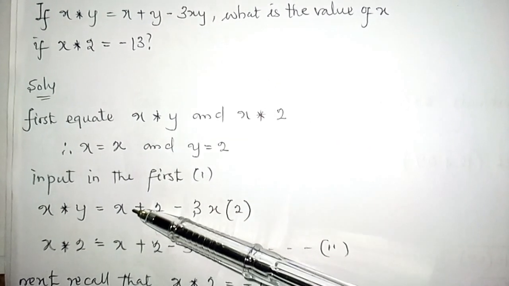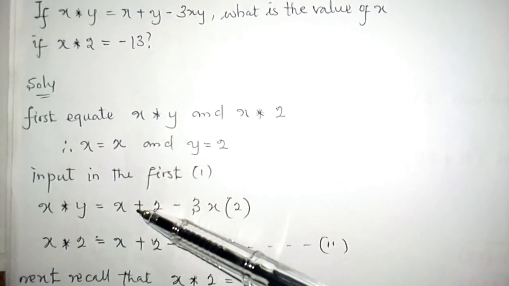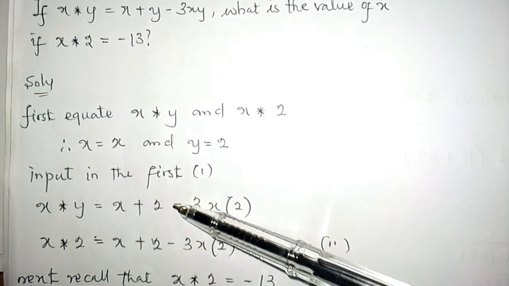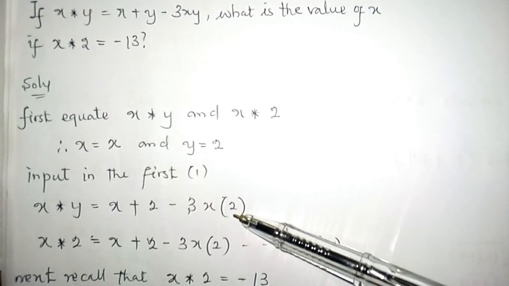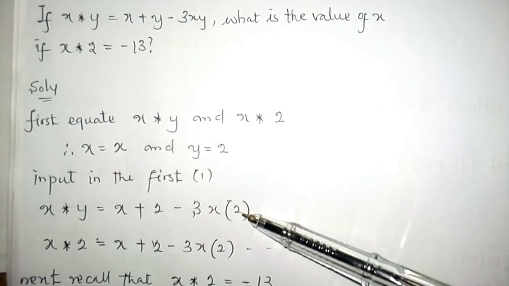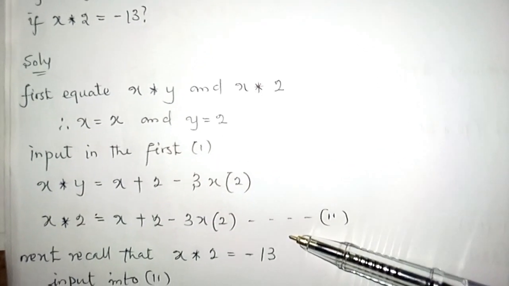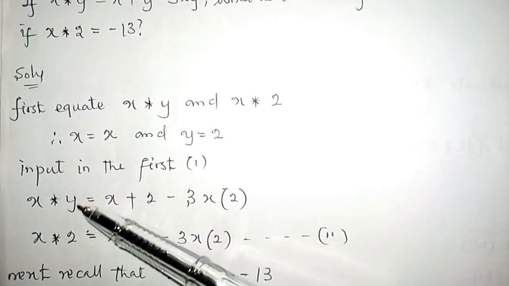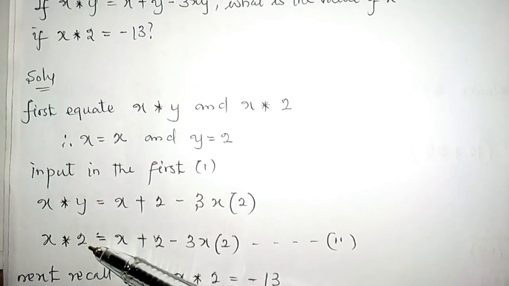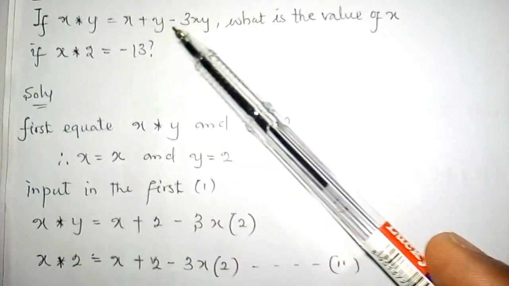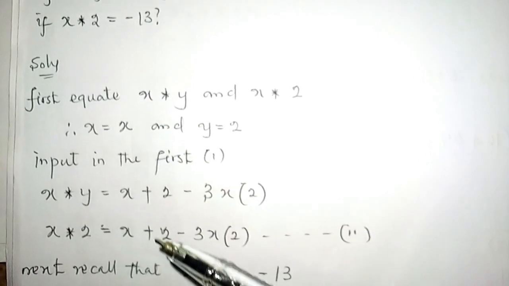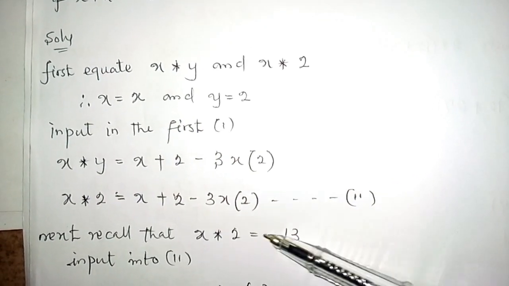So we have x being x, plus y being 2, then we have 3x times 2 because y is 2. We make that equation 1, recalling that this same y is 2 here. That was the reason why we got this value.